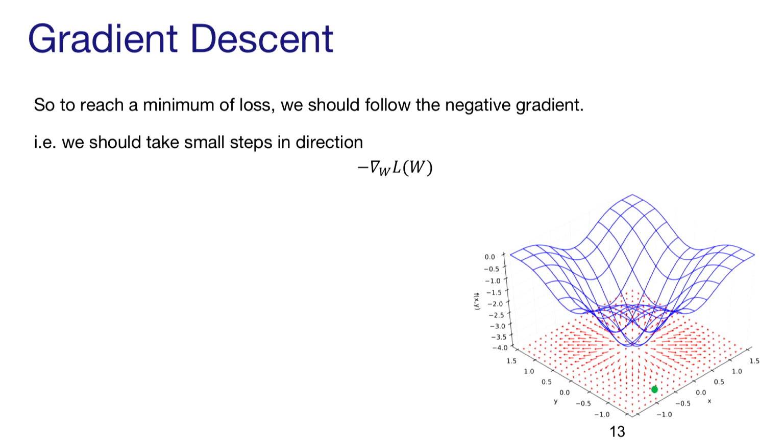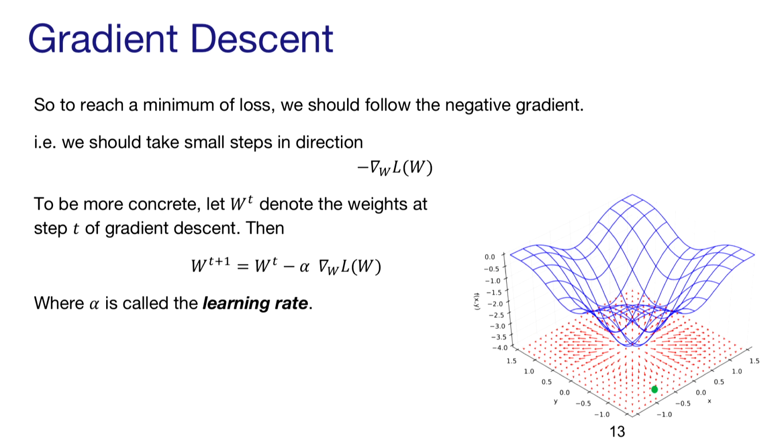So we're ideally going to find a local minimum of loss. So we want to move in the negative gradient direction. To be more concrete, if we have a set of weights, which we'll just represent as a giant vector, then the weights at iteration t plus 1 equal the weights at iteration t minus some learning rate alpha times the gradient of the loss with respect to the weights.